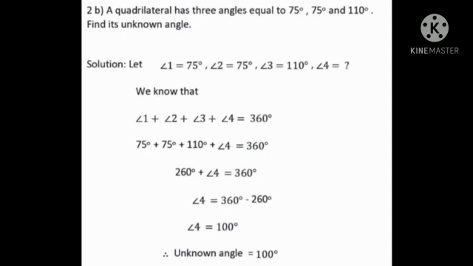Put the values in this equation. 75 degrees plus 75 degrees plus 110 degrees plus angle 4 is equal to 360 degrees. If you add up these three angles, we get 260 degrees plus angle 4 is equal to 360 degrees. Angle 4 is equal to 360 degrees minus 260 degrees. After subtraction, angle 4 is equal to 100 degrees. Therefore, the unknown angle is equal to 100 degrees.